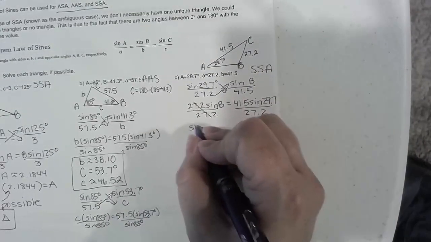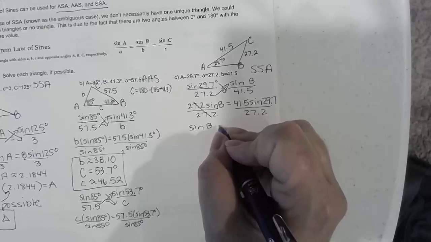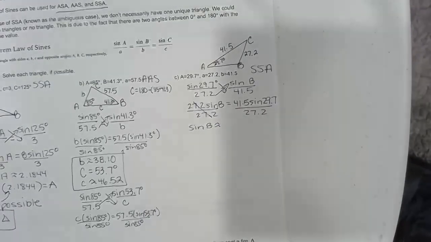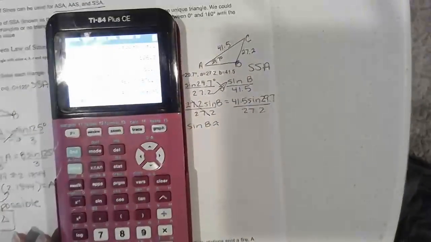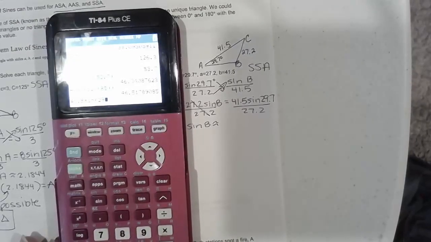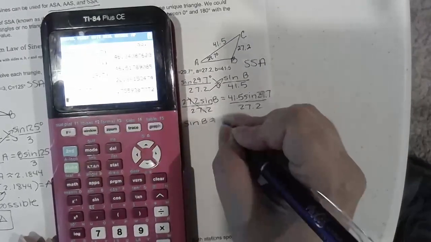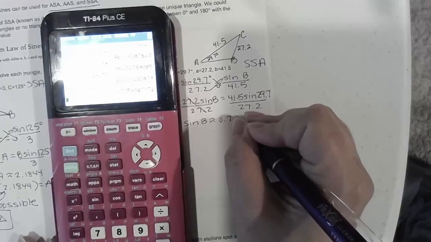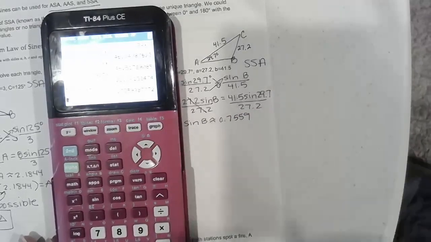So, bring out my calculator. So, 41.5 times the sine of 29.7. And then dividing that result by 27.2. Which gives me approximately 0.7559.